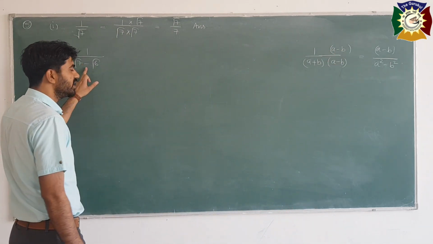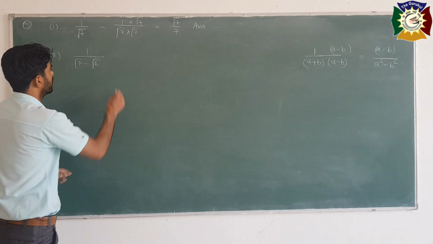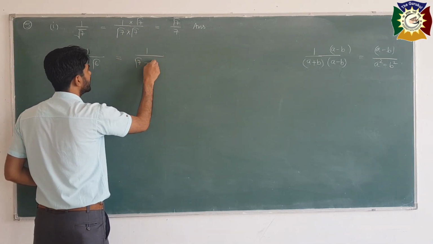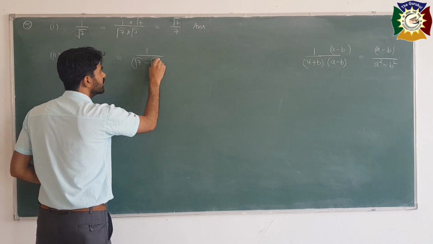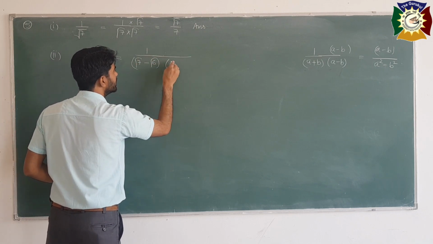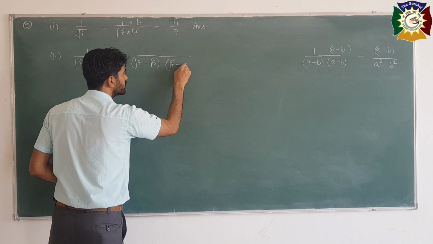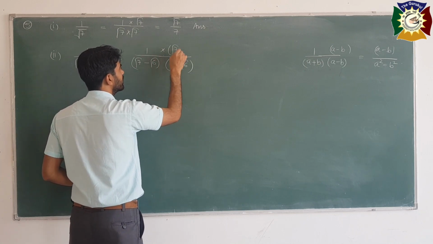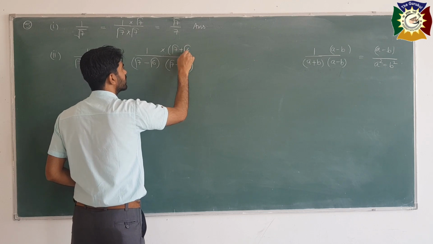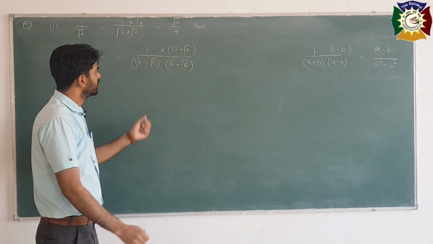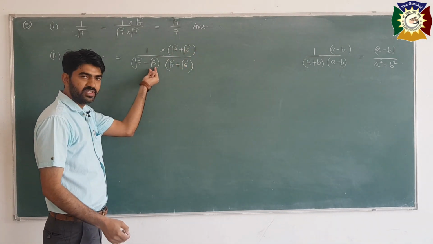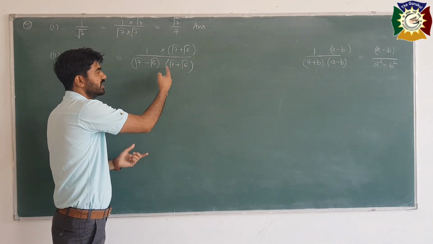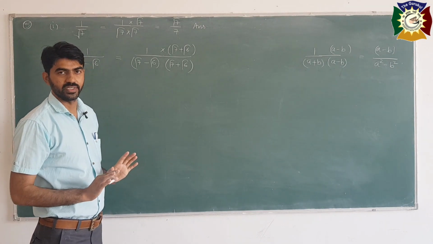Now here a minus b is given, so I will write 1 upon root 7 minus root 6. I will multiply it by root 7 plus root 6, and here also root 7 plus root 6. Now see, a minus b was given, I have taken a plus b, so that the a square minus b square identity can be applied over here.